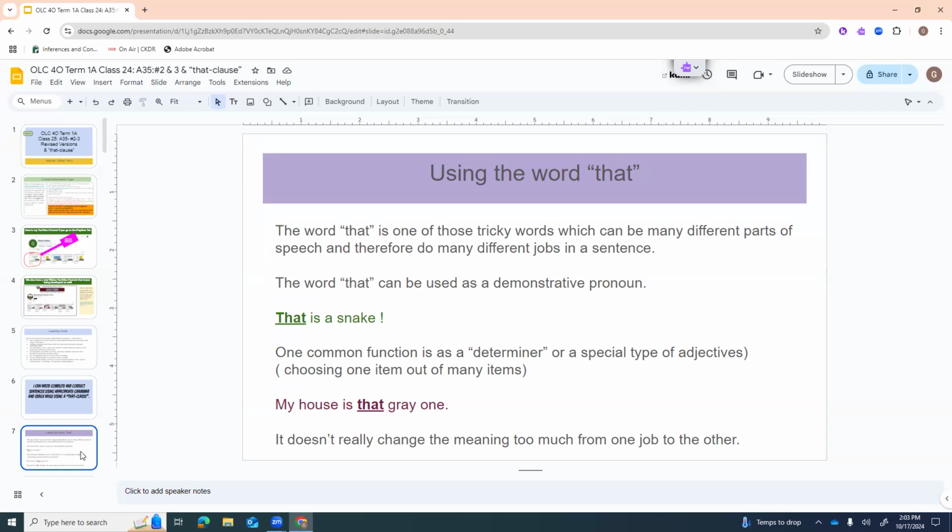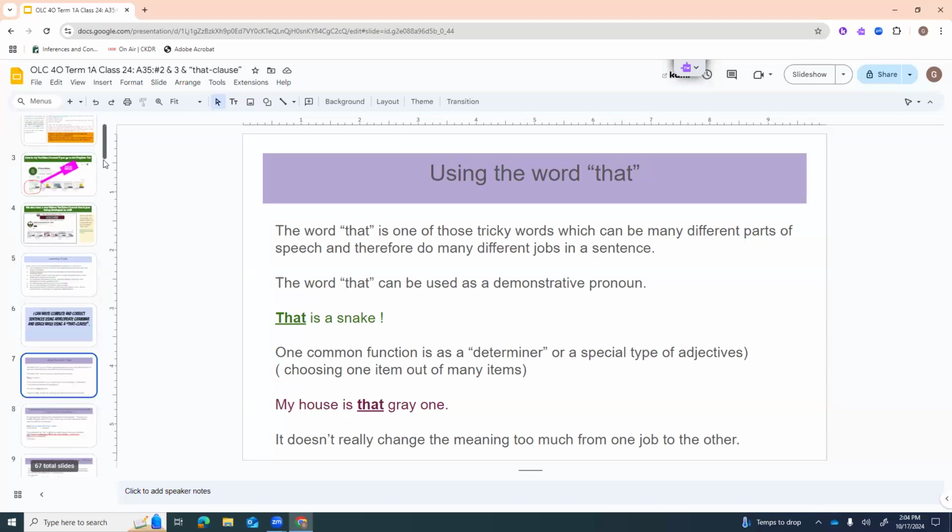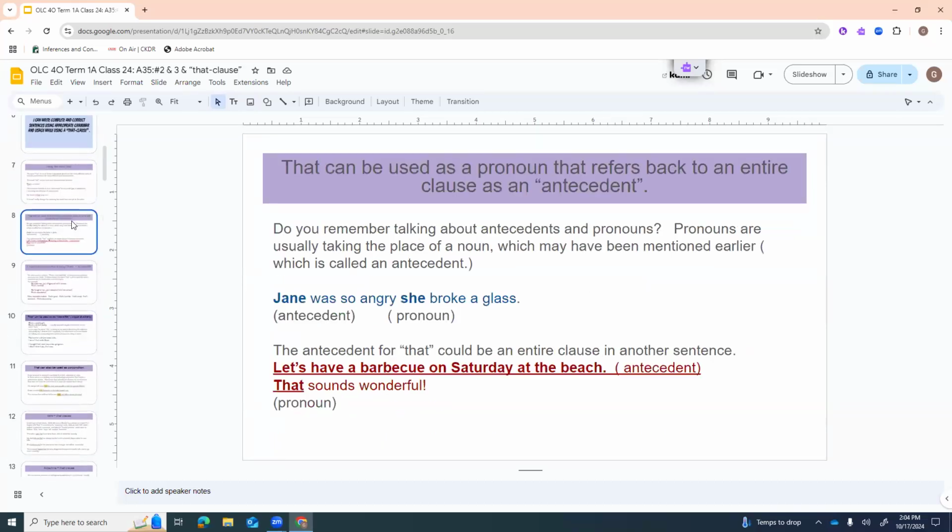Here its function is a pronoun because it's essentially the subject of the sentence. It doesn't have to be the subject. If I say my house is that gray one, again, that's not enough description. I picture somebody pointing at the same time. In that sense, it's acting in the same kind of meaning, right?